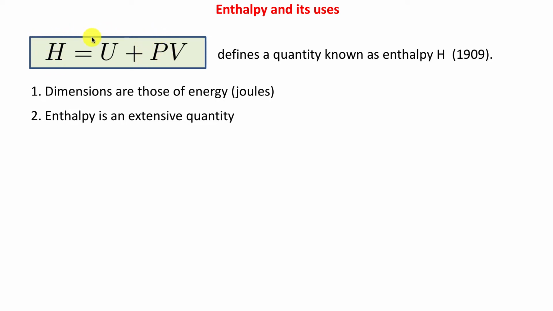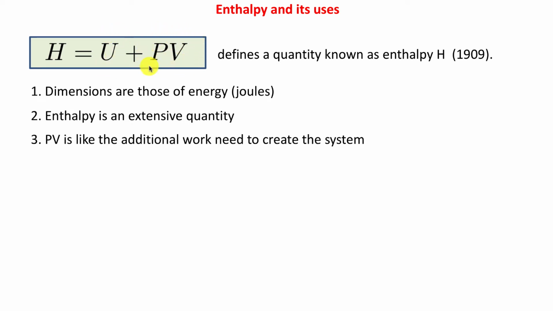So, extensive, extensive, extensive. How should one think about PV? Well, you remember that when you do work against an external force and you change the volume by a small amount, dV, then the work done is P into dV. And so PV is like the external work that was needed to create the system. Why did chemists define this? That's because they do their experiments at fixed values of pressure.